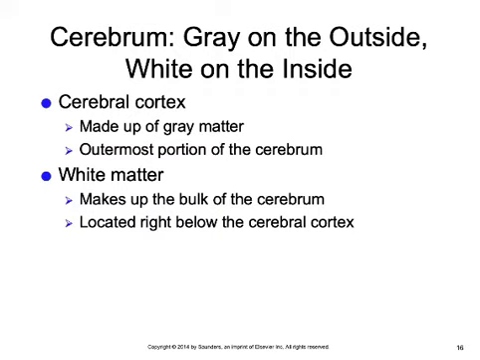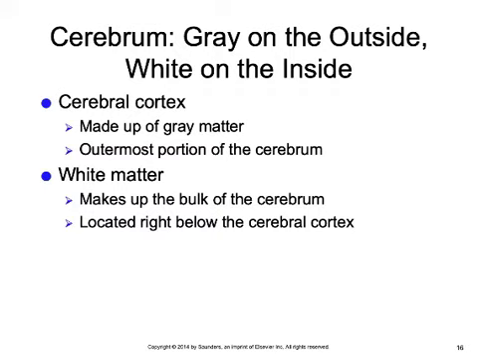Remember that when we're talking about the cerebral cortex, we're talking about higher brain function. So this is where we perform tasks like learning, reasoning, language, and memory. This is where we become consciously aware of stimuli that happen inside us, on our body surface, and outside in the environment.